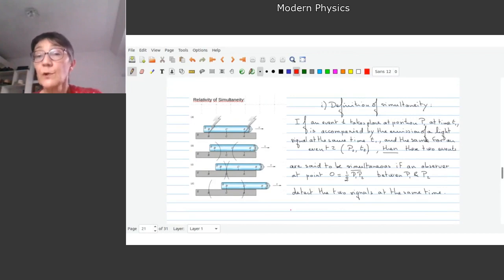So what is simultaneity? On the definition, you have to be very precise.